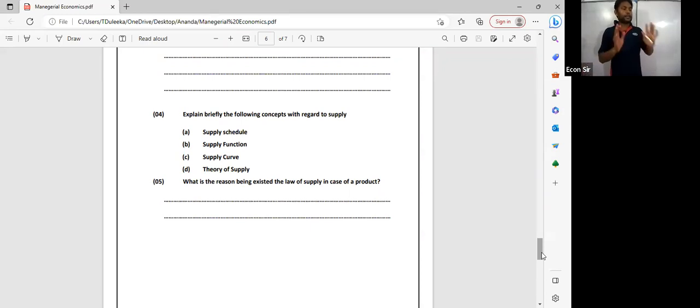That is the law of supply. සැපයුම් නීතිය කියන්නේ මිල සහ සැපයුම් ප්‍රමාණය අතර තියෙන අනුලෝම සම්බන්ධතාවය. නමුත් theory of supply කියන්නේ මොකක්ද? Theory of supply කියලා කියන්නේ entire concept of supply.